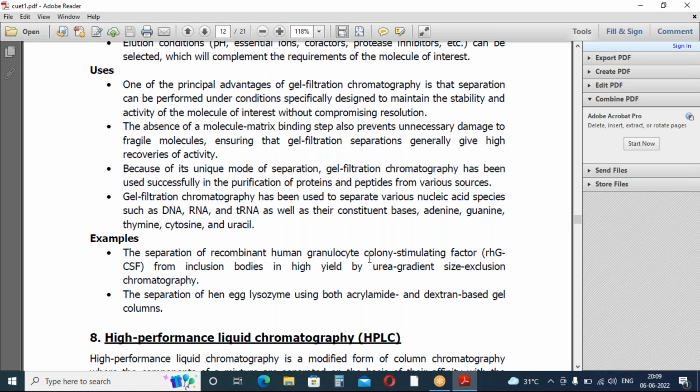Understood, Ishika? Separation of components that are present in the mixture is called elution. Mobile, stationary. Yeah, good. Yeah, that is the one.